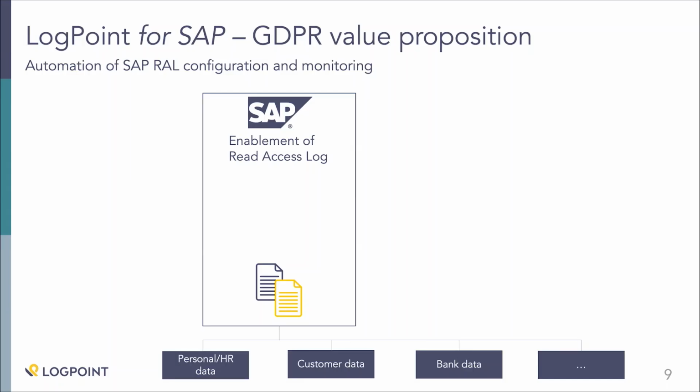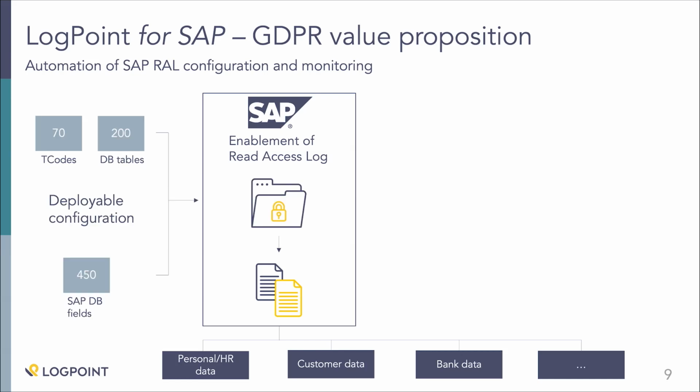The second aspect is our value proposition with regard to the configuration of the read access log. I mentioned before that the read access log needs to be configured in order to produce logs. In LogPoint for SAP, we have worked on a deployable configuration that enables the read access log to log access to more than 450 database table fields, stored in more than 200 database tables and accessible via more than 70 transaction codes.